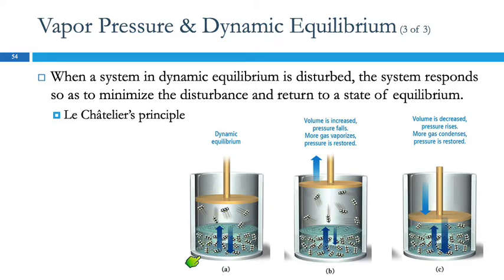Here's a system at equilibrium. I think that's pentane. So we have some gas particles and we have some liquid particles, and they're evaporating, condensing at the same rate. What if we mess with it? What if we pull the plunger up and increase the volume of the gas? Well, is that going to cause the rate of evaporation to change?